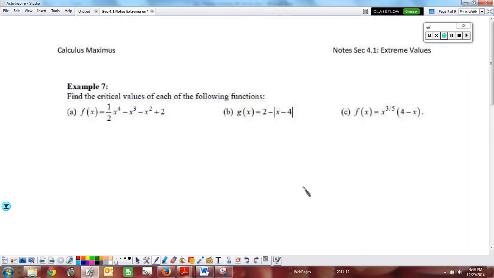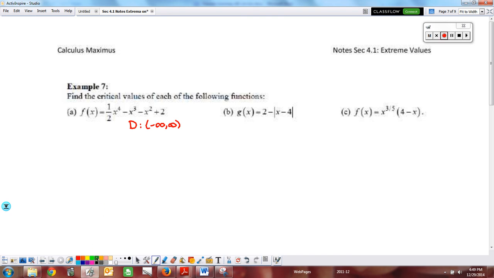So the first skill is basically figuring out the critical values of functions, and we're given the algebraic form. A couple of things to think about as we're doing this. We should, as always, think about domain before we start. This is a polynomial, so the domain is -infinity to infinity. So pretty much any value where the derivative is 0 or does not exist is going to be our critical value.